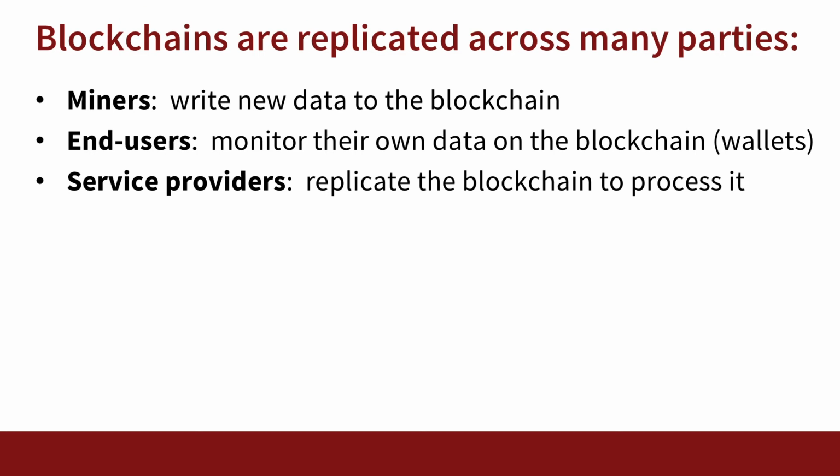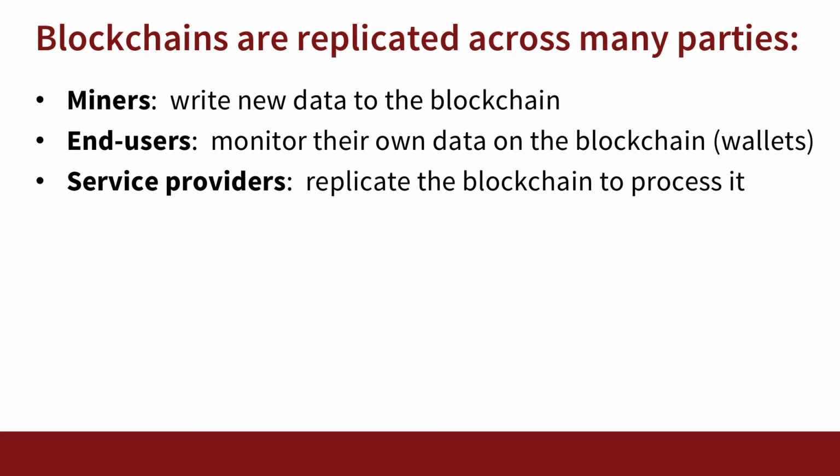And the answer is basically persistence is achieved by replication across many, many different parties. So in fact, the blockchain as a whole is replicated across many players. So for example, miners are the ones who write new data to the blockchain, but in addition, they also store the entire history of the blockchain locally.